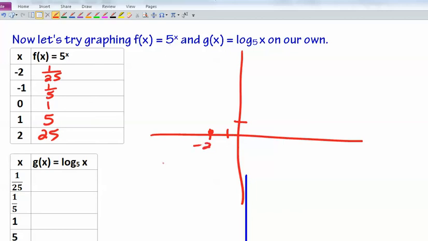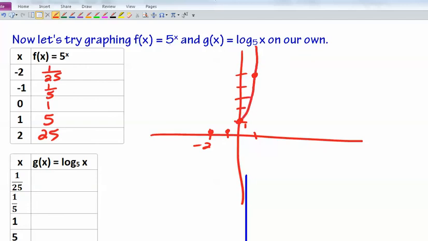At -2, our height is only 1/25. At -1, it's a little higher. It's at 1/5. At 0, we're at 1. And that point is always going to show up because any number to the 0 power will produce 1. When x is 1, we get a y coordinate of 5, and then very quickly we're off the graph. So 2, we're way up at 25.